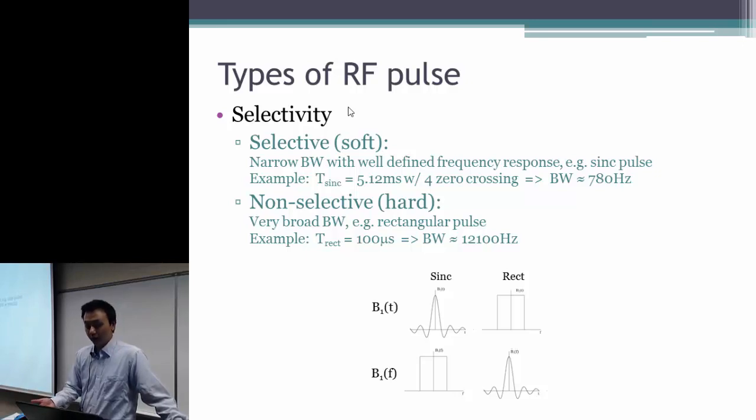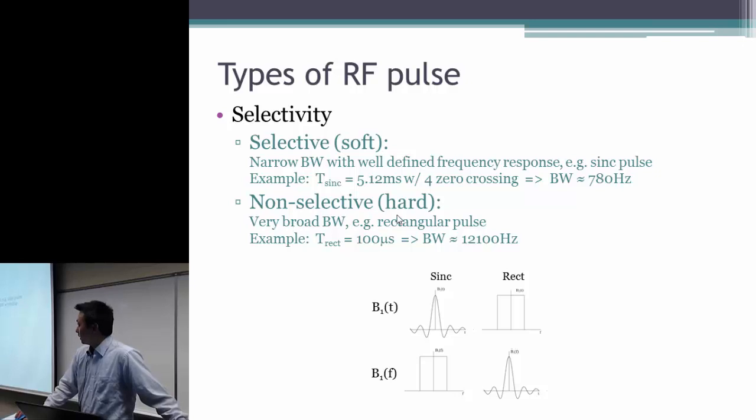Usually it uses a sinc pulse, implemented with a relatively long duration, like 2.56 milliseconds to 5.12 milliseconds. If we have a 5.12 millisecond sinc pulse with 4 zero crossings, we will have approximately a bandwidth of 780 Hertz. This is a relatively small bandwidth when we are talking about the excitation pulse.